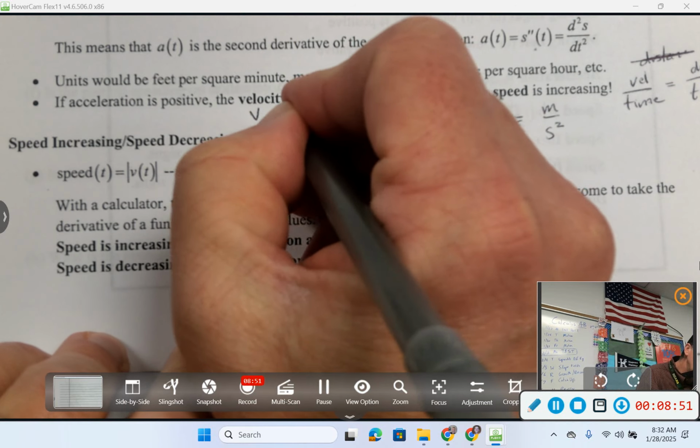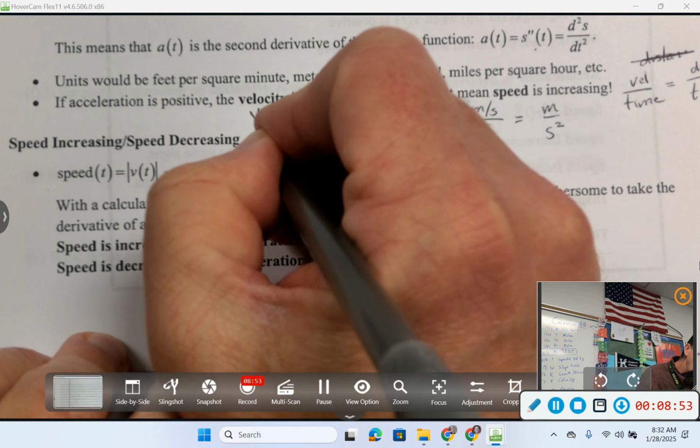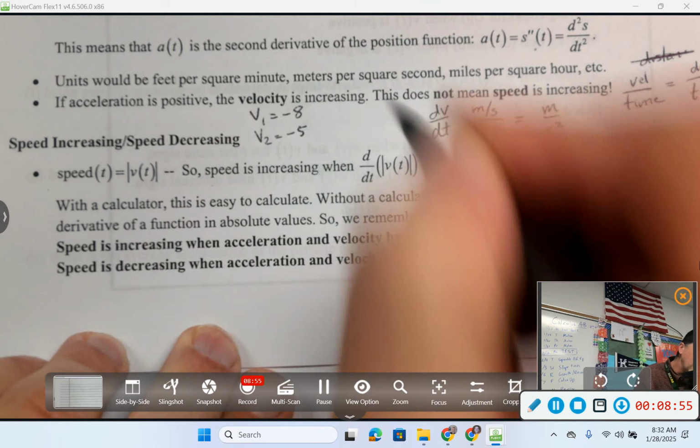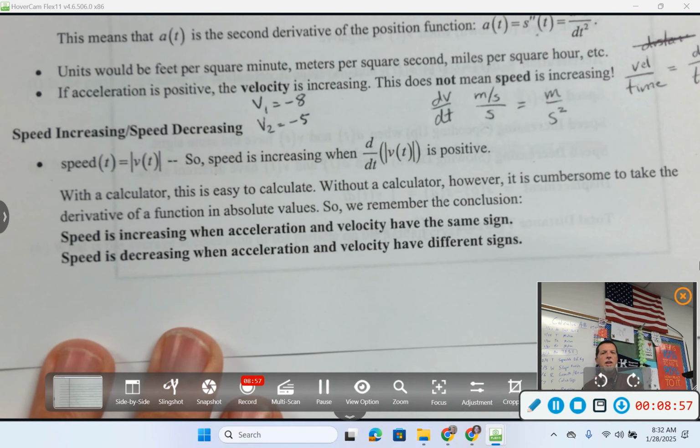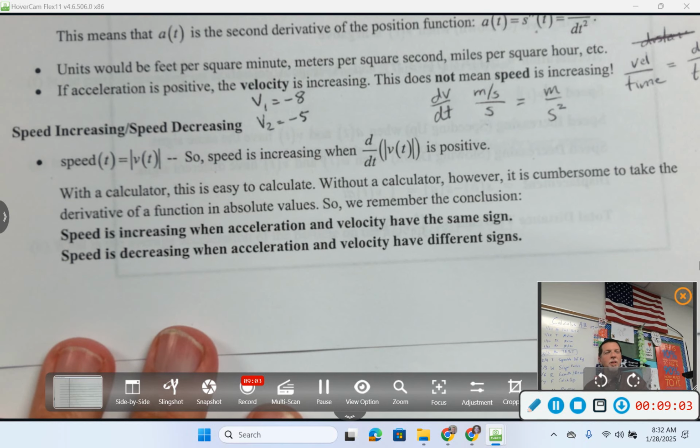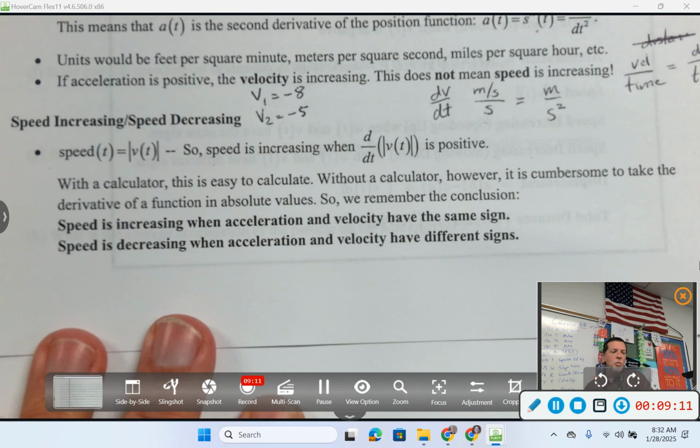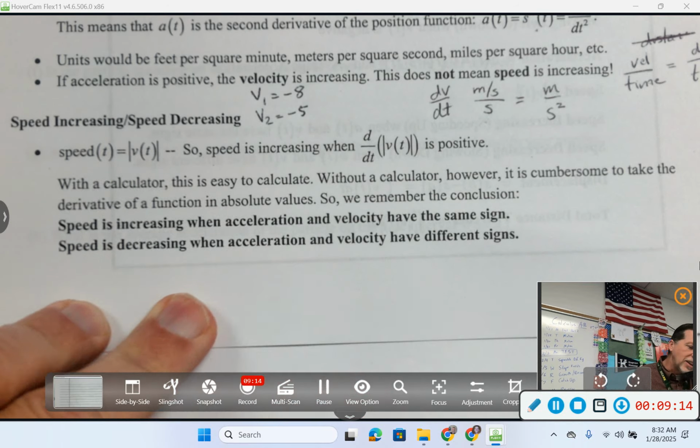If V1 is negative 8 and V2 is negative 5, that velocity is increasing. That seems weird to say, but think about a number line. You're increasing on the number line. Your speed decreased from 8 to 5, but your velocity increased. So we have to be super careful with velocity and speed.